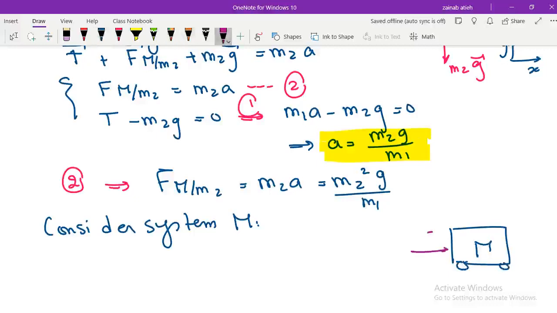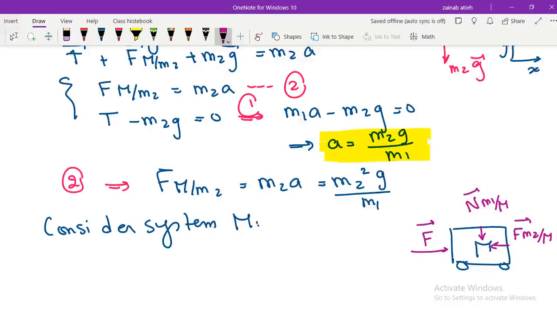I have the force F that I am pushing with. I have the force, let me call it N, exerted by M1 on M because M1 is sitting on M. So it's the force exerted by M1 on M. I also have, on this side, M2 beside M. So I have the force exerted by M2 on M.